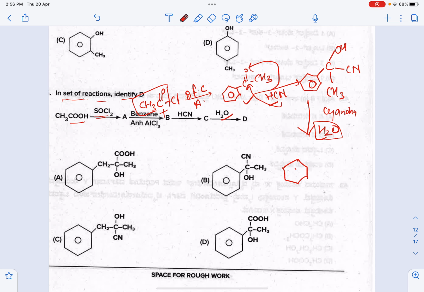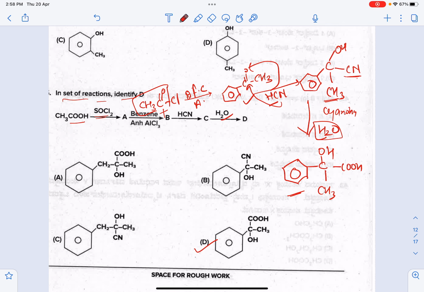After hydrolysis, the CN gets converted into a COOH group, and this will be the CH3 group, and this will be the product. So our correct option will be D.